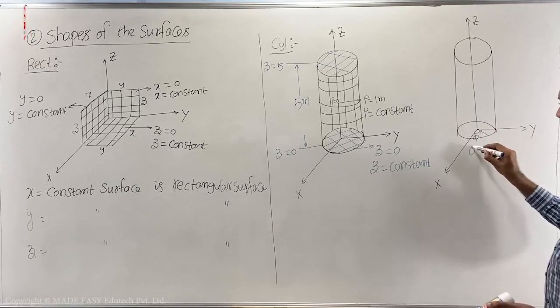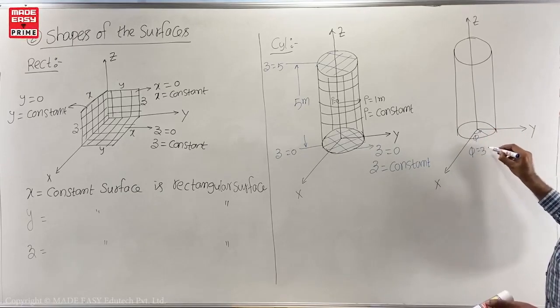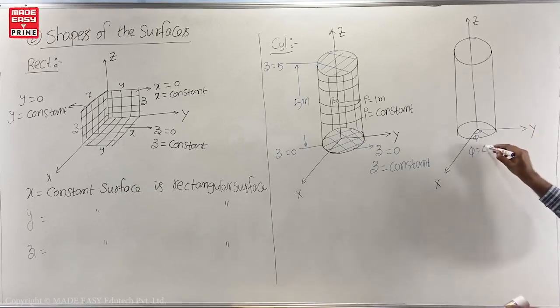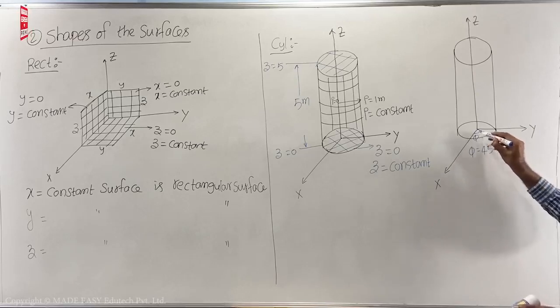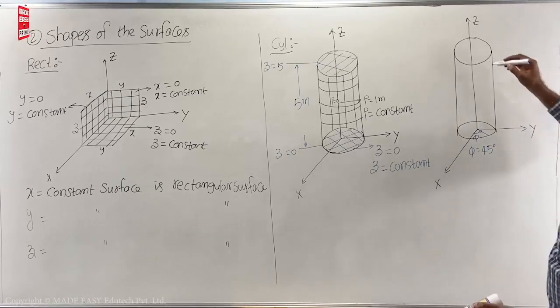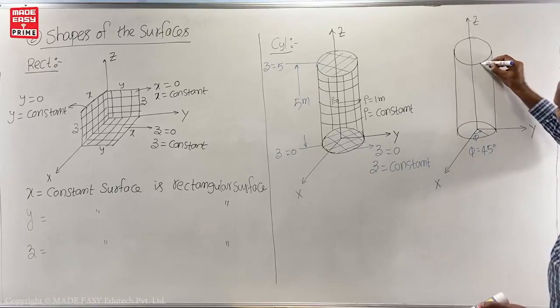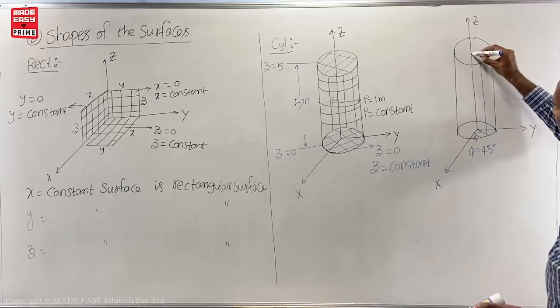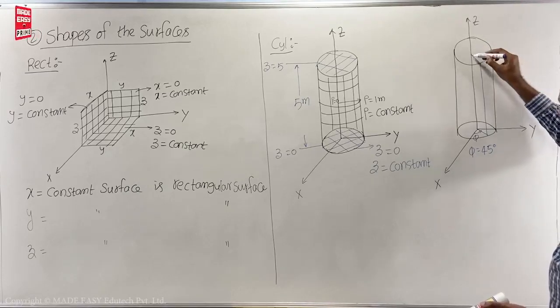Let us take this phi is equal to 30 degrees. Otherwise center is there, means let us take this as a 45 degrees. Here there is no place, I am writing that 45 degrees here. Now here also you draw a line like this, and here also from the center this is 45 degrees.